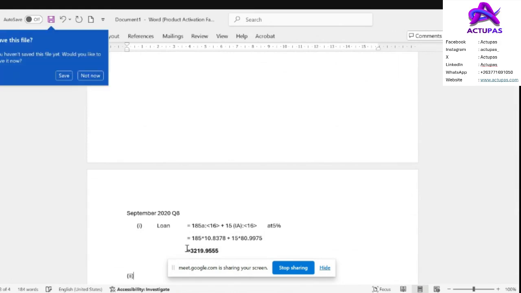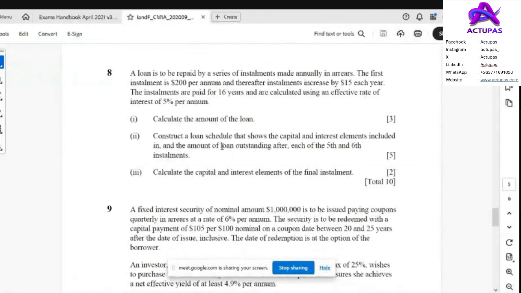Now we move on to part 2. What does part 2 say? Construct a loan schedule that shows the capital and interest elements included in, and the amount of loan outstanding after, each of the fifth and sixth installments. So to determine the interest payment in the fifth installment, we should know the capital outstanding after 4 payments, after the fourth year.